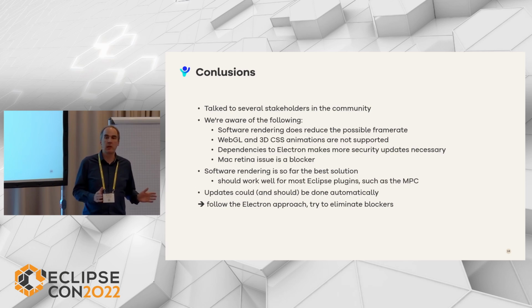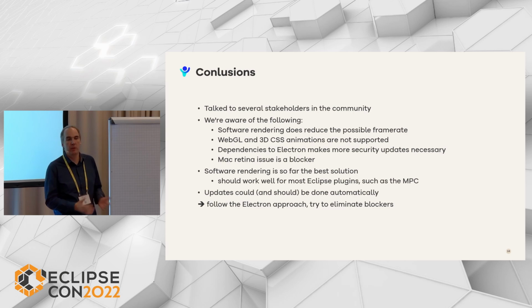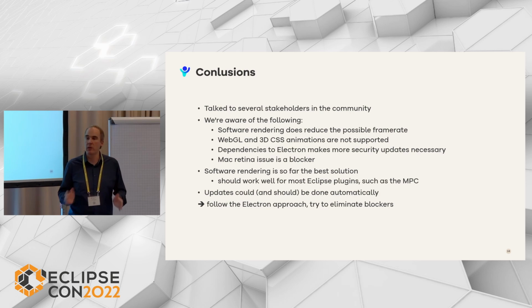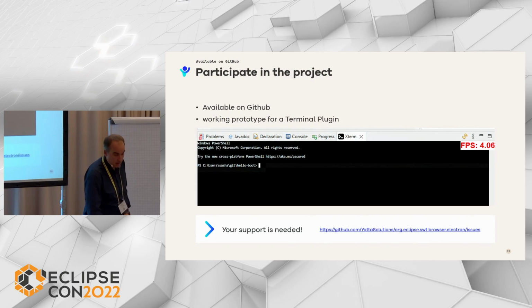That's why we are currently following this path, trying to eliminate the blocker, and came up with a really cool solution where you can use web technologies inside Eclipse, where you have the newest browser inside Eclipse, because that's really demanded by many in the community. That's why we took the time and took our prototype and open sourced it.